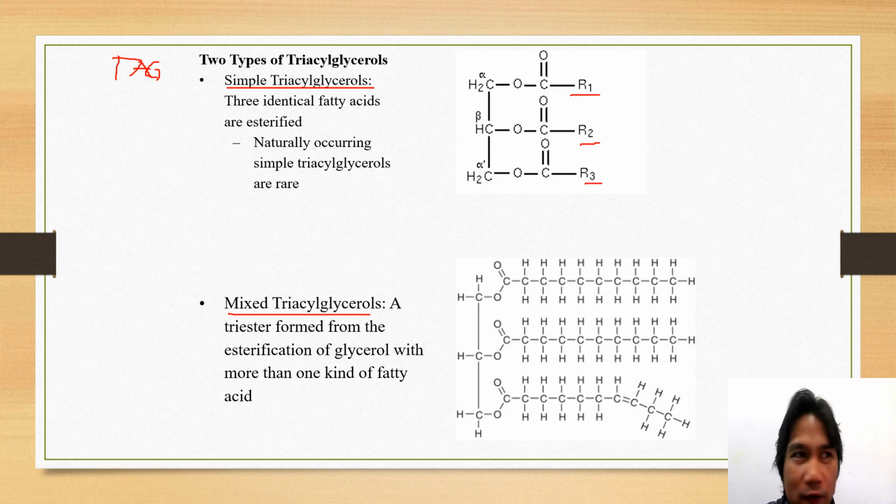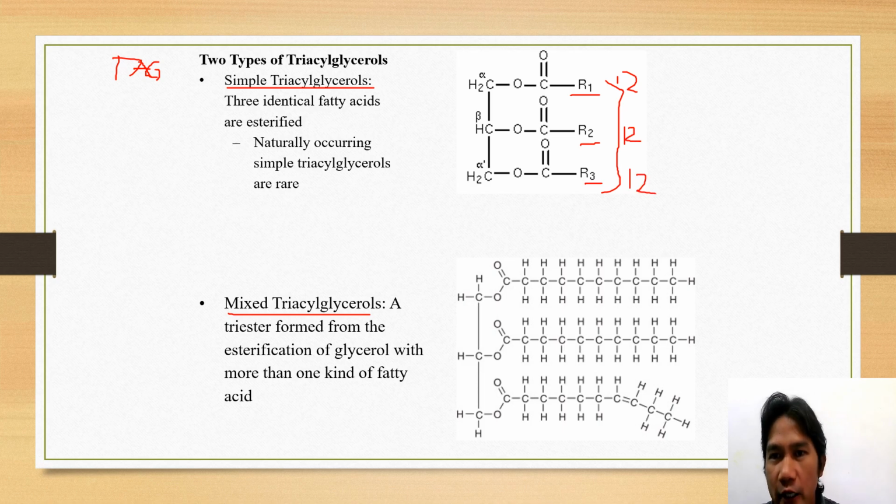When we say identical, the R groups, or the fatty acids, are uniform. All of them have, say for example, 12 carbon atoms, and yet they are all saturated. Something like that, identical.